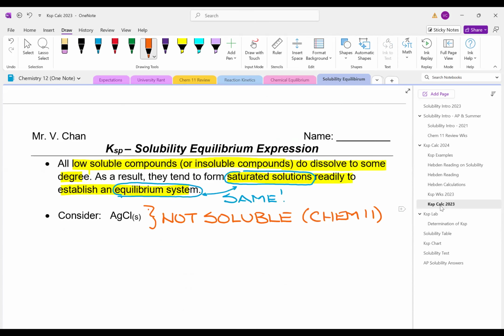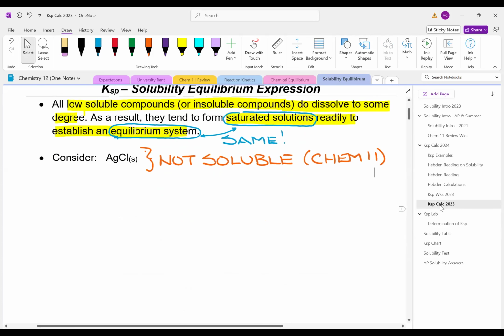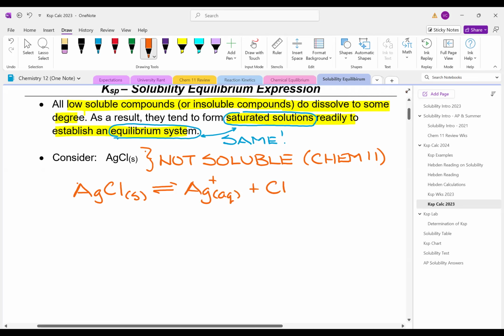So now what we need to think of is that AgCl, even though it's not soluble, we now have to consider as AgCl solid in equilibrium with Ag+ (aq) and Cl- (aq).